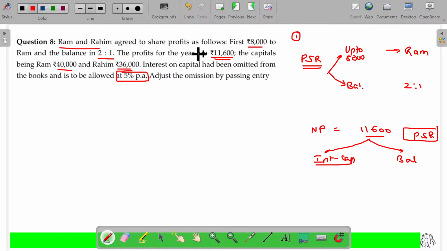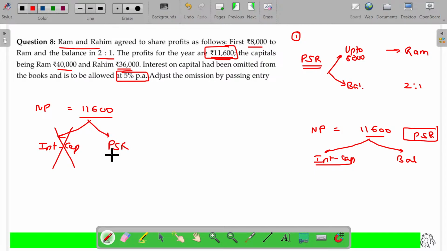Now, what have they done? The entire 11,600 net profit, they forgot to appropriate for the interest on capital. Directly they applied the PSR for sharing this between Ram and Rahim.